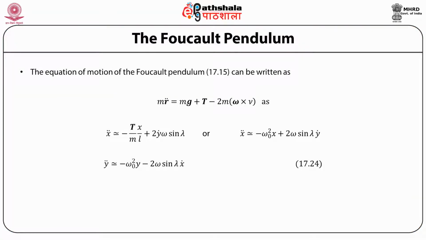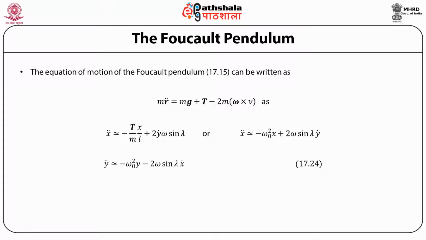The equation of motion of the Foucault pendulum can now be written as m r double dot is equal to mg plus T minus 2m omega cross v. In terms of components, x double dot is approximately equal to minus T by m x by l plus 2 y dot omega sine lambda, or x double dot is equal to minus omega naught square x plus 2 omega sine lambda y dot.